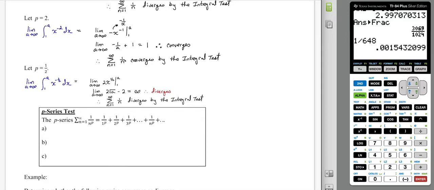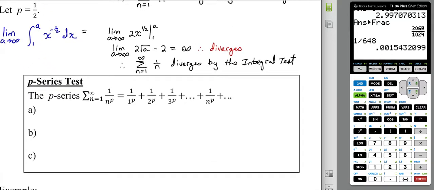If we're looking at 1 as being kind of a cutoff between divergence and convergence, then that could be it. So what we're looking at here is if p is greater than 1, then the series converges.